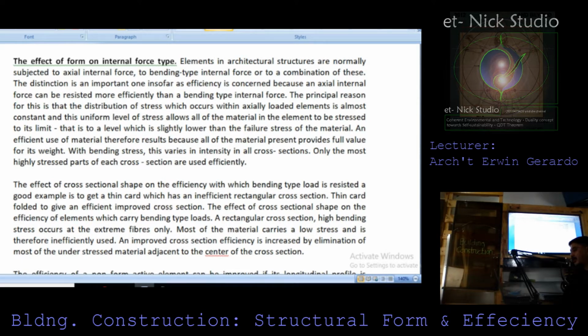An efficient use of material therefore results because the material present provides full value for its weight.